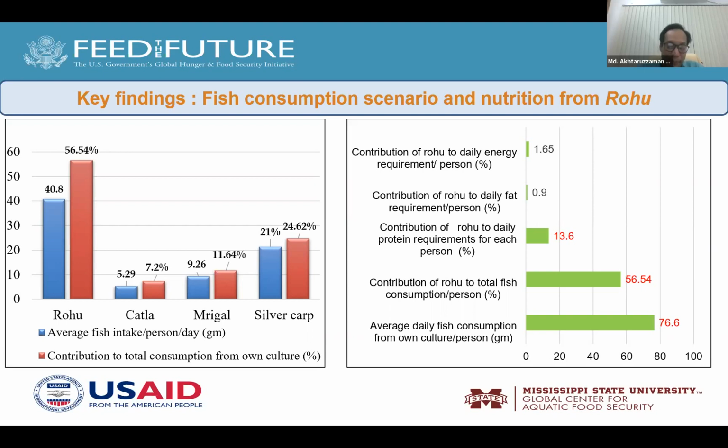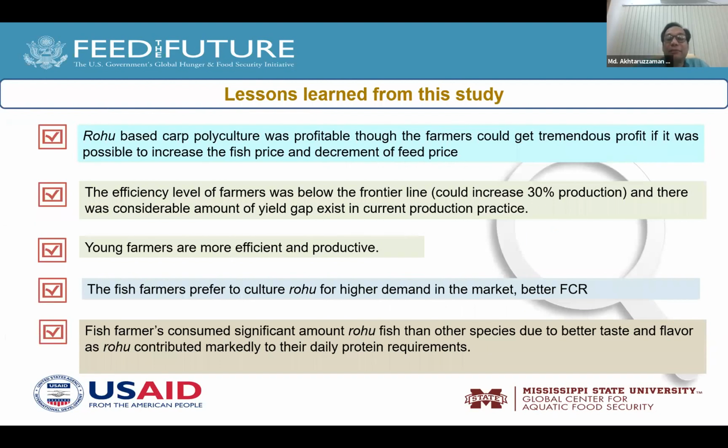So please, next. From this result, what is the lesson learned from this study? Roe-based polyculture was profitable, and farmers could get tremendous profit. It was possible for fish price to increase or decrease. The efficiency level of farmers was below the frontier line, and they could increase production by 31%, and a considerable amount of yield gap exists in the current production practices.